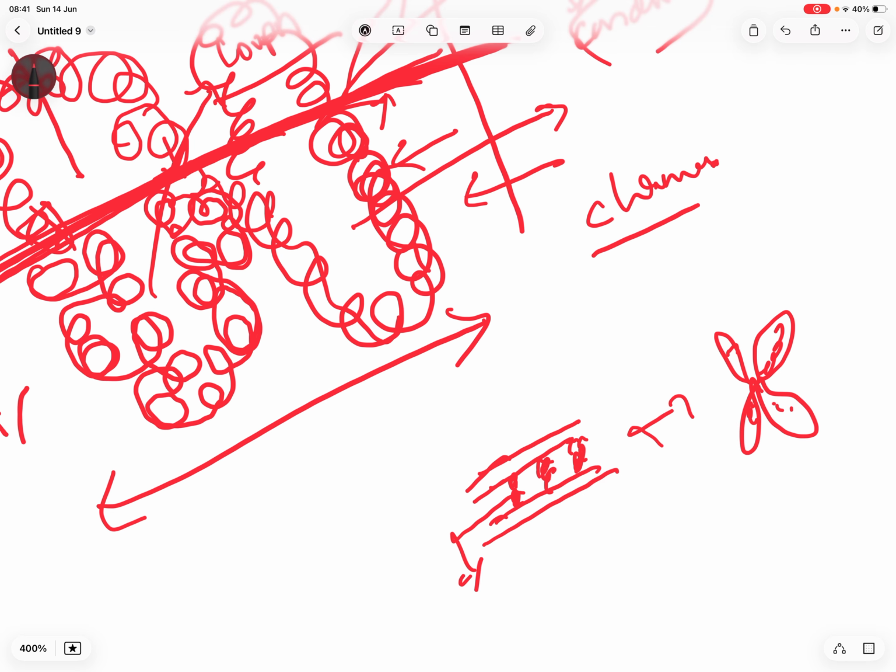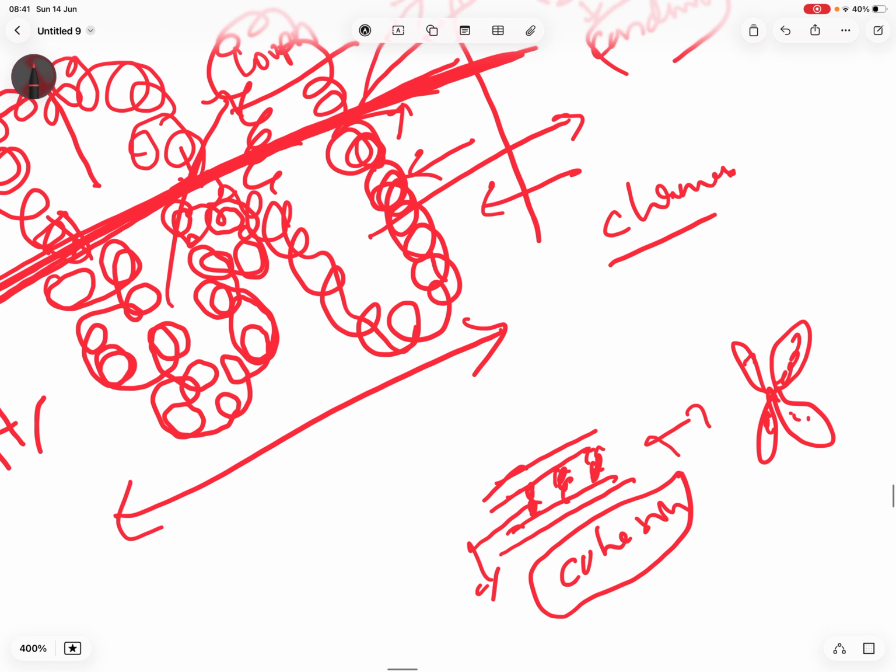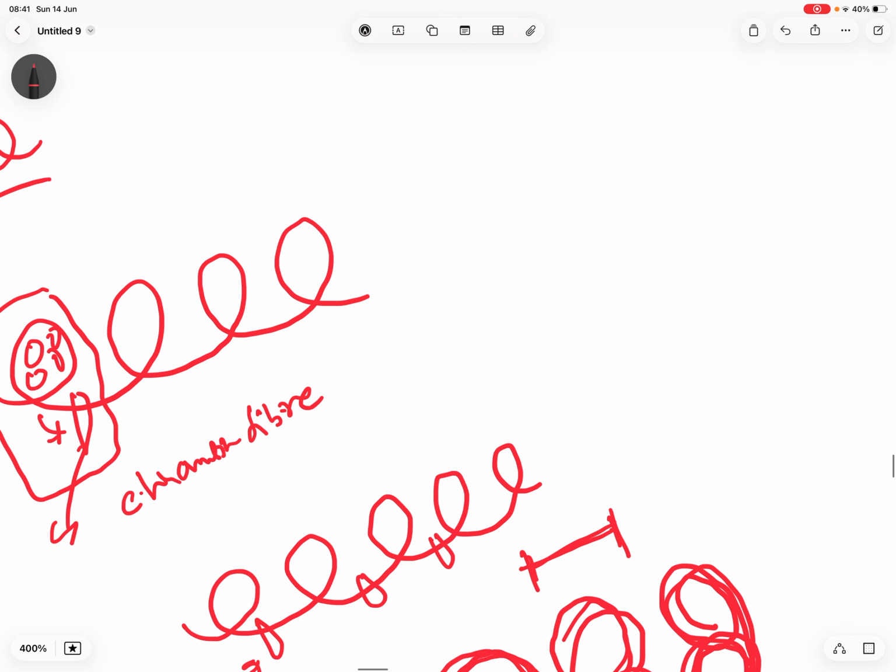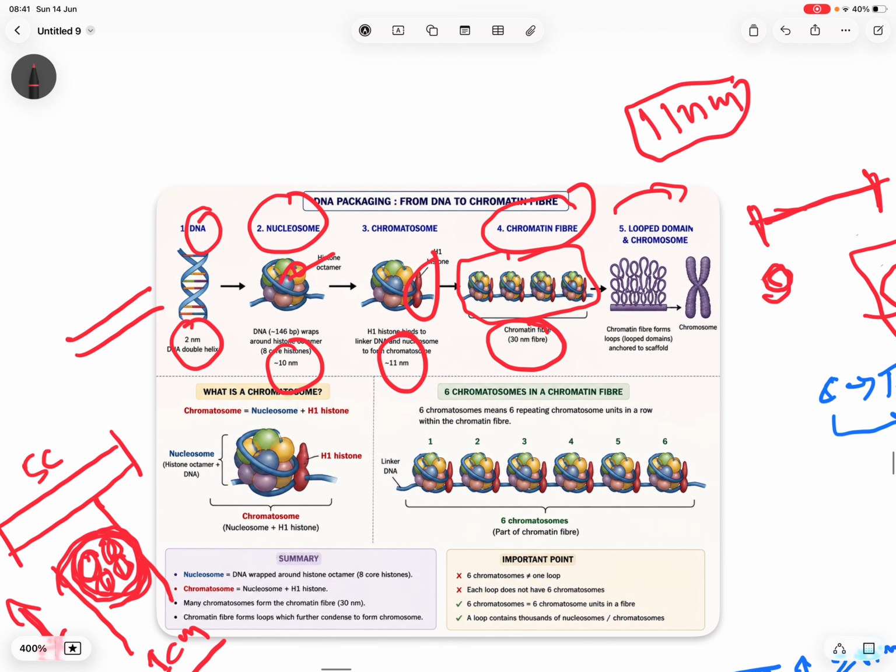To keep the molecules very close to each other, these cohesin proteins keep the DNA strands together. So this is about the structure of DNA organization.